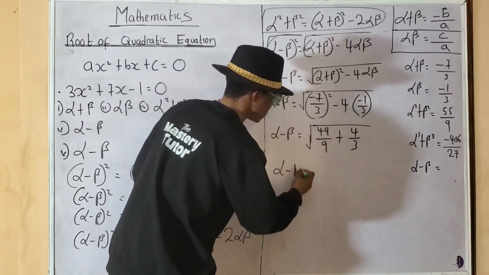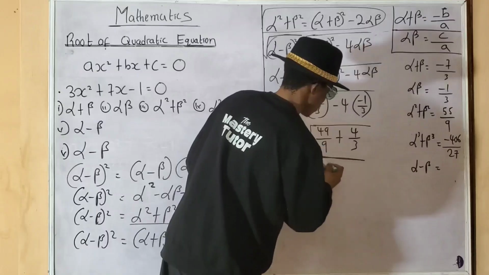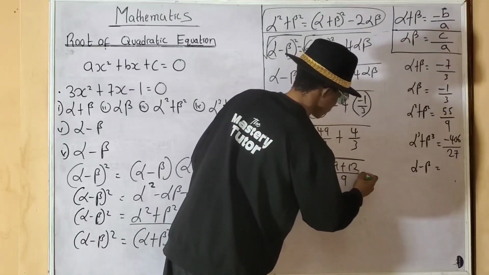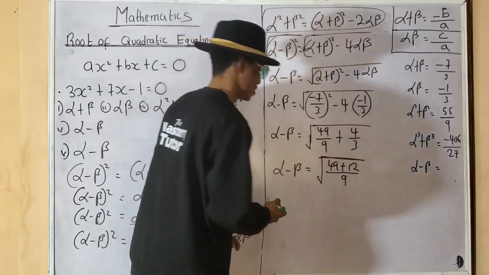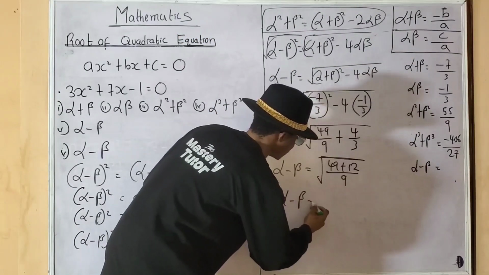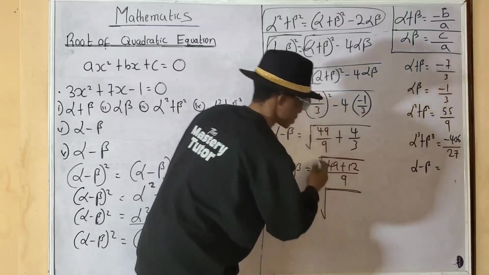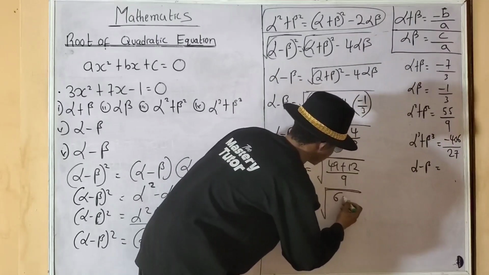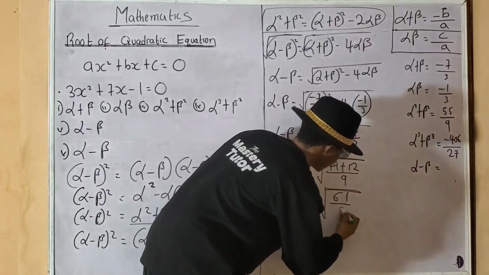So alpha minus beta equals the square root of, the LCM is 9, 49 plus 12. Do you understand? So that is 61, and I'm going to have 61 over 9.